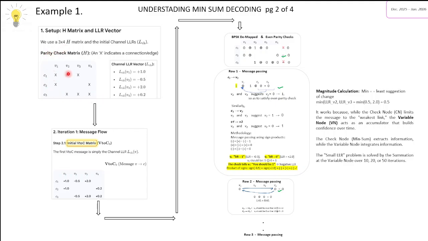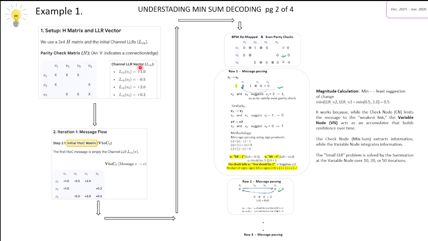These are bit nodes, the column nodes, and the 3 equations will tell you what V1, V2, V3 and V4 should be. All the different checks will help us find out what actual binary digits, 4 different bits, were sent.